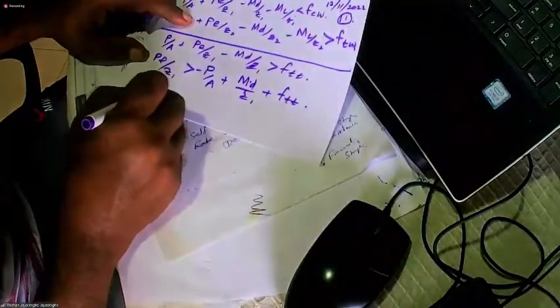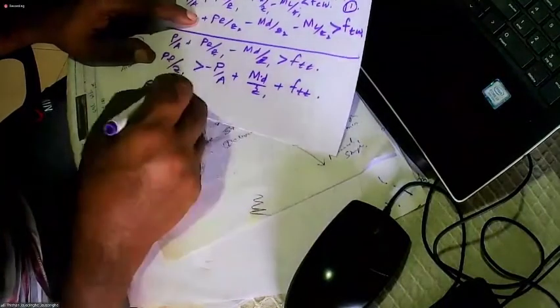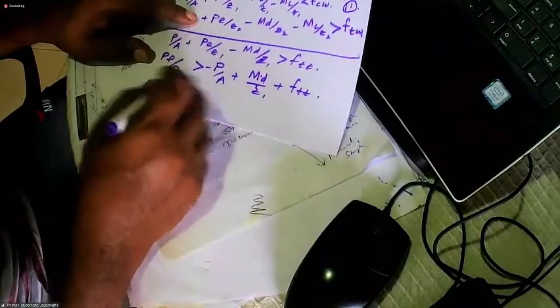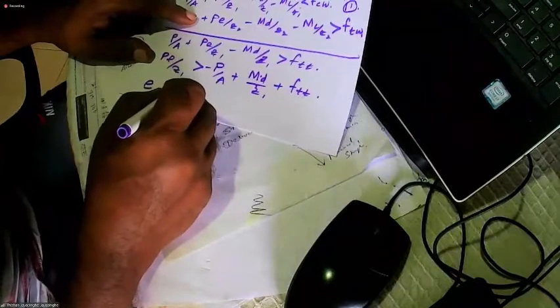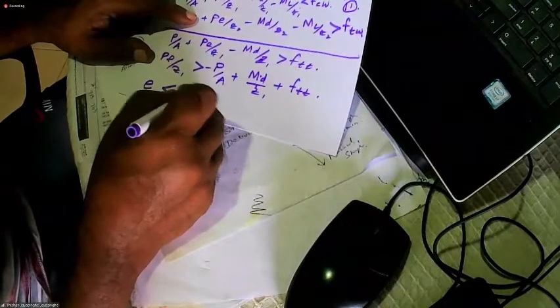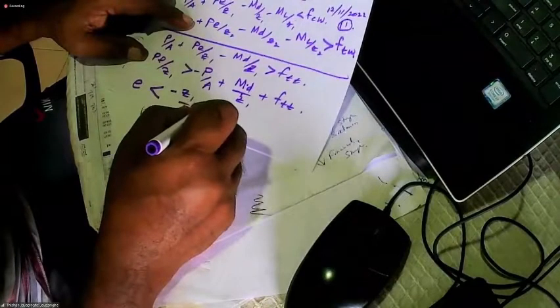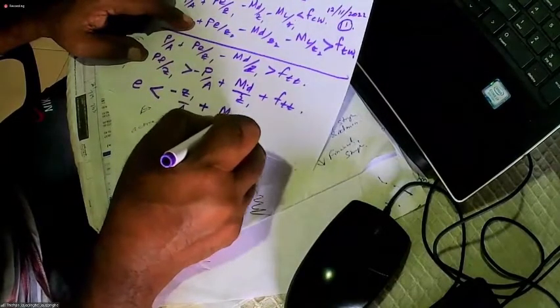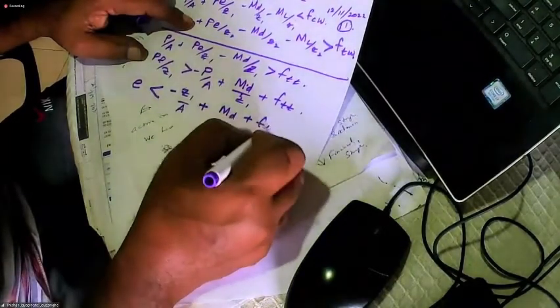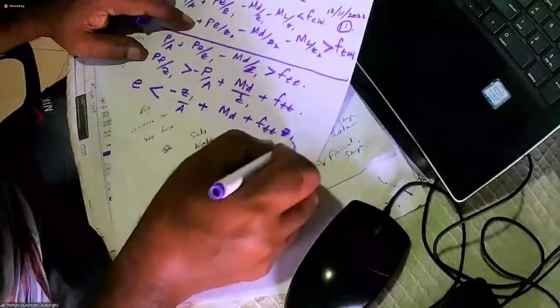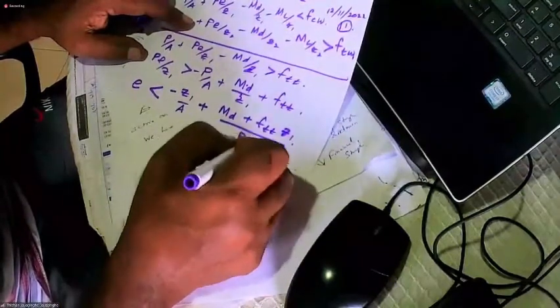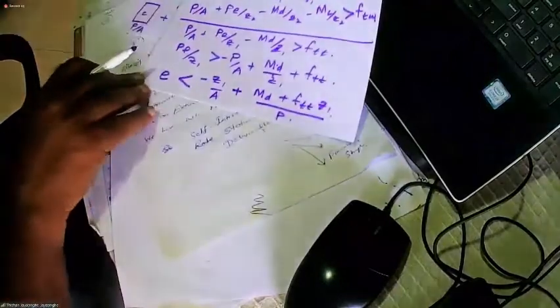Z1 is negative, so the inequality has to turn this way, because we multiplied by a negative quantity. So you get minus Z1 over A plus MD plus FTT Z1 over P. So this is equation number 1, 2, 3, 4.